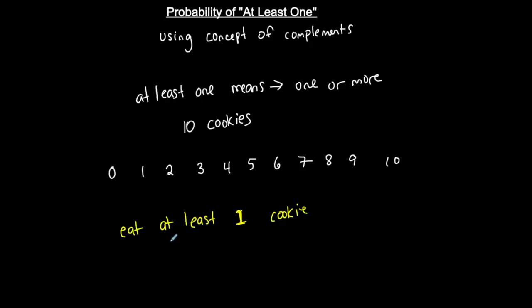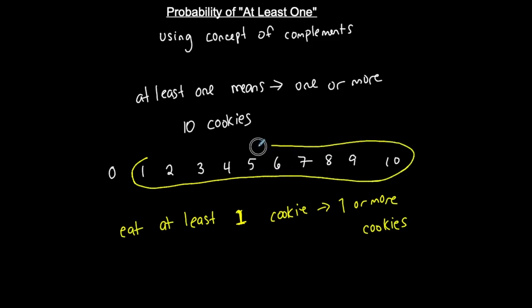That means I want to eat 1 or more cookies, right? So that's all the possible cases, 1 or more cookies. So I can eat 1 cookie, or 2 cookies, or 3 cookies, or 4 cookies, or exactly 5 cookies, or exactly 6 cookies, or exactly 7 cookies, and so on, right? I mean, that's a lot.